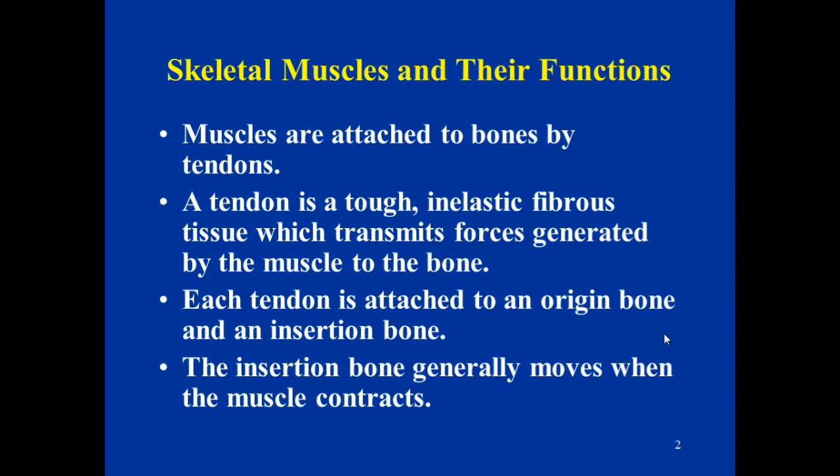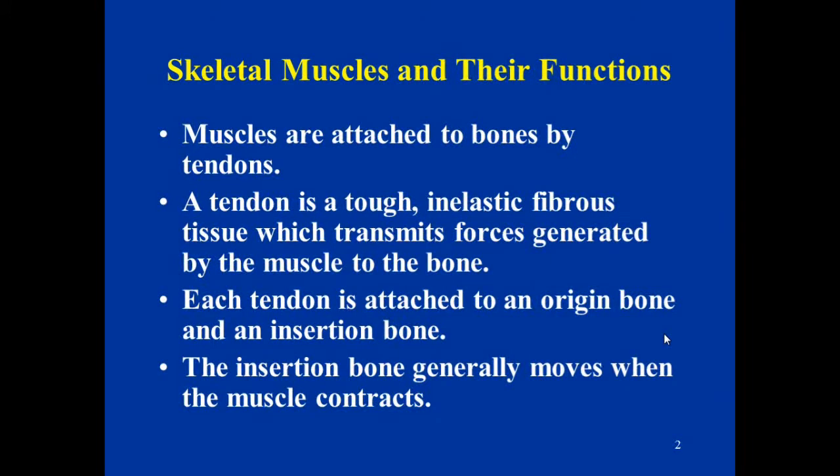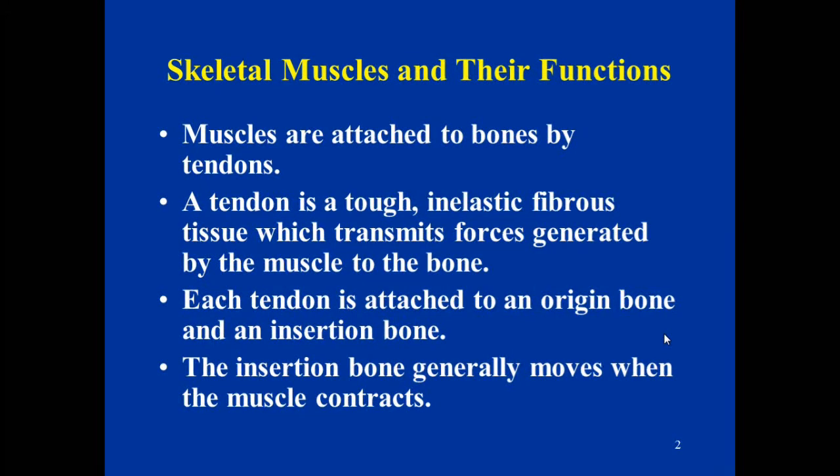So the muscles are attached to bones by tendons. The tendon is a tough, inelastic, fibrous tissue which transmits forces generated by the muscles to the bone. Each tendon is attached to an origin bone and an insertion bone, and the insertion bone generally moves when the muscle contracts.